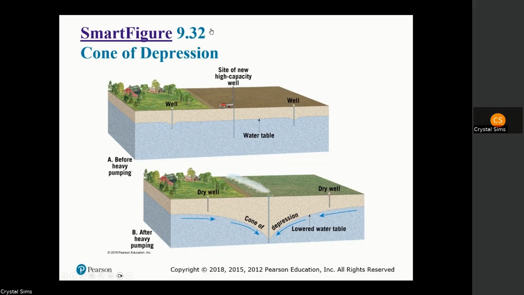Because this well is so deep, it still has water that flows out of it. But now these two wells, which once were down into the water table, are no longer in the water table, and so they've gone dry.